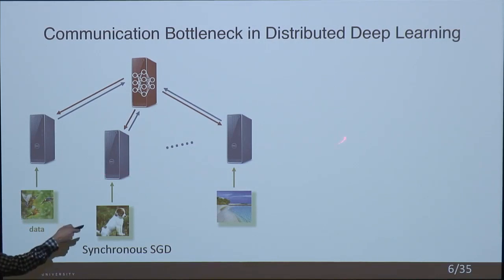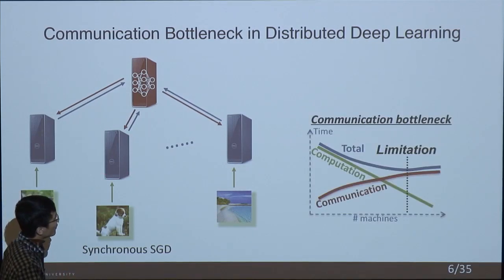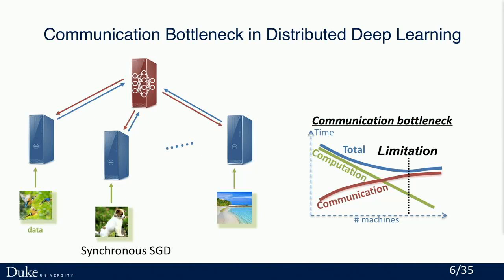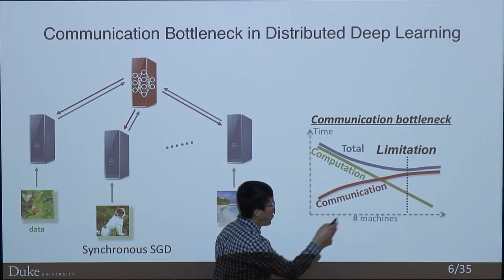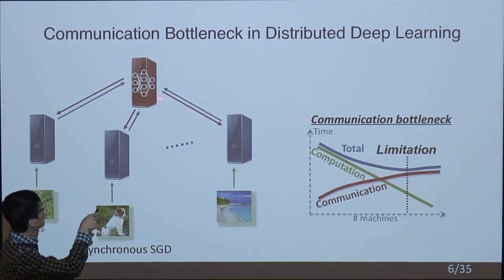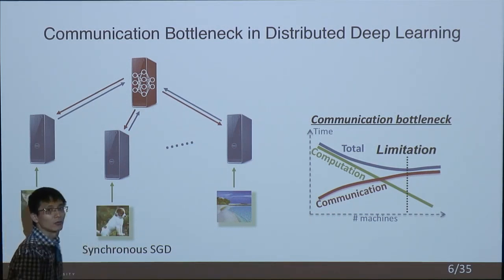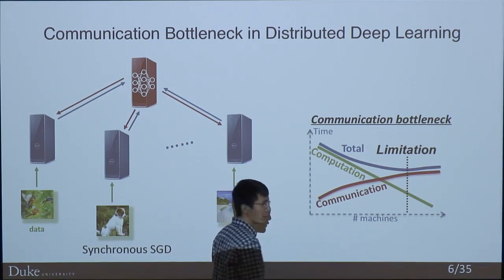This is good because we have a lot of machines, which means we can train faster. But we have a problem: the communication bottleneck. In general, if we have more machines, then we can always reduce our computation time. But since we have more machines, which means we have more synchronization over the network, the communication time will increase.